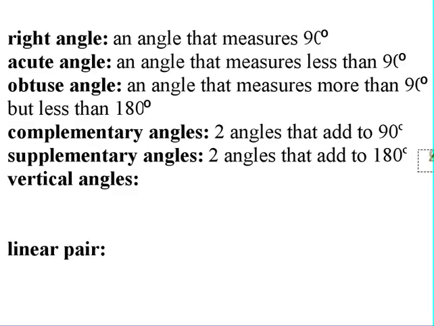I always think about it alphabetically. Complementary, C, comes first, and numerically 90 comes first. Supplementary, S, comes last, and 180 is the biggest of the two. If that works for you, great. If it doesn't, find another way.